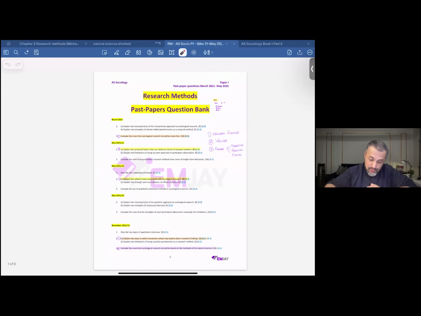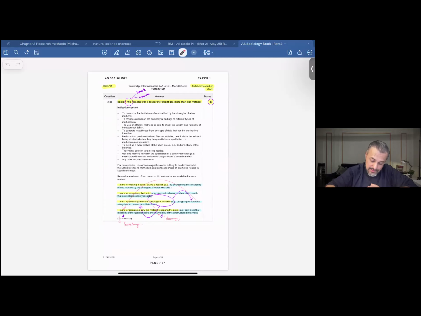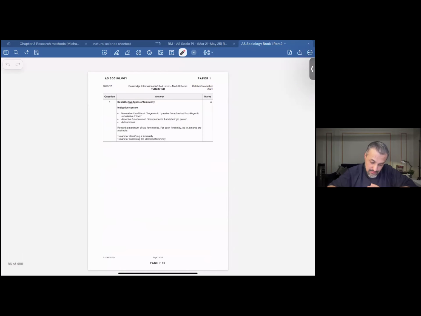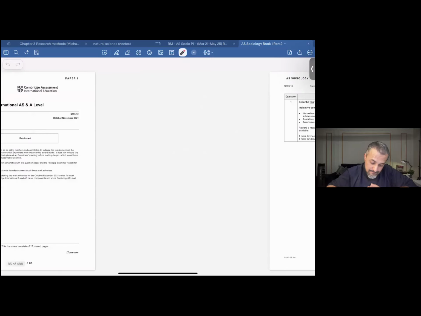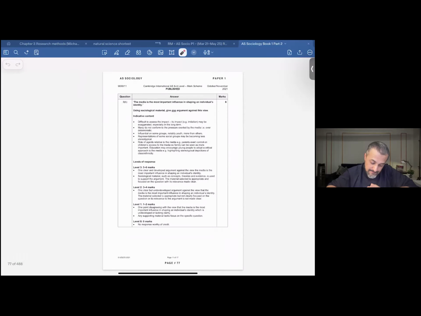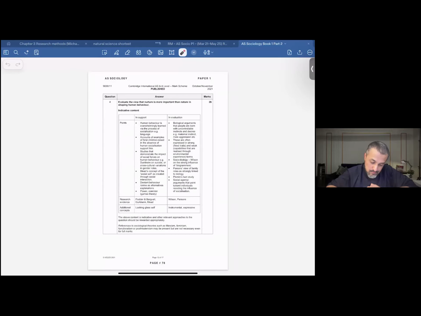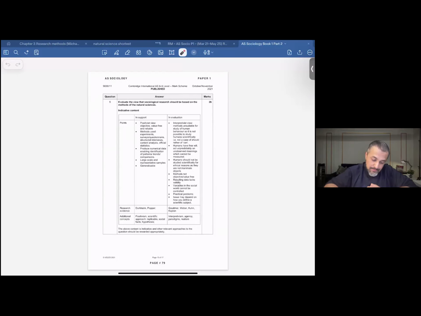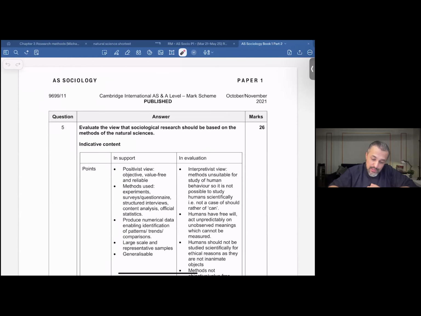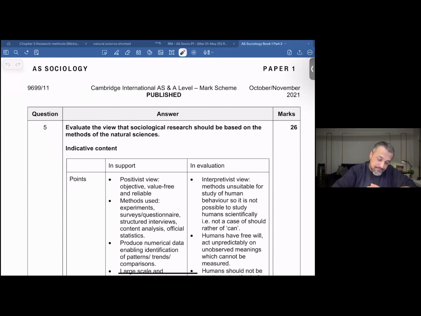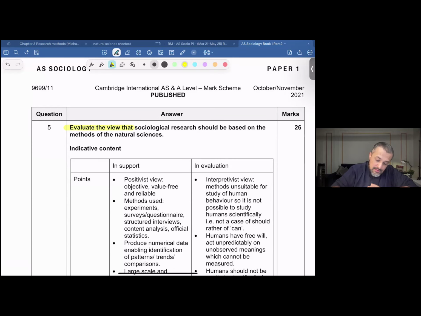So November 2021 variant 11, the marking scheme first at least. Yeah. So November 2021 variant 11, this question: Evaluate the view that sociological research should be based on the methods of natural sciences.